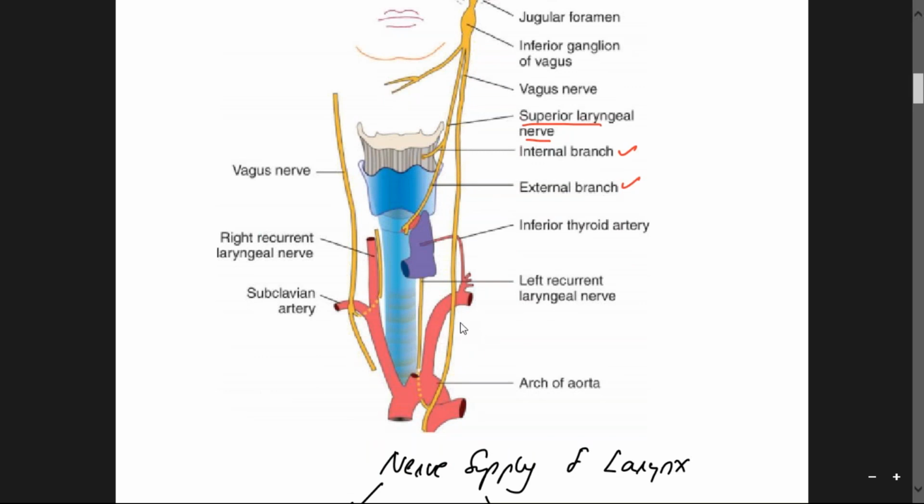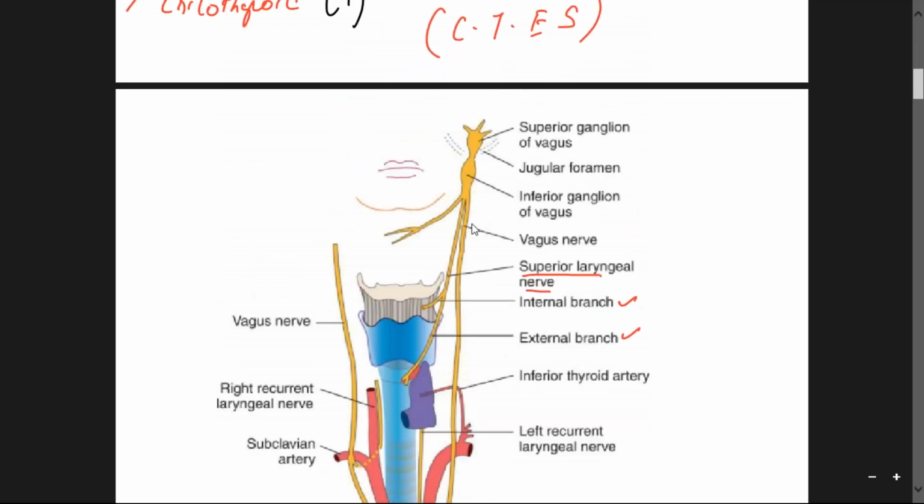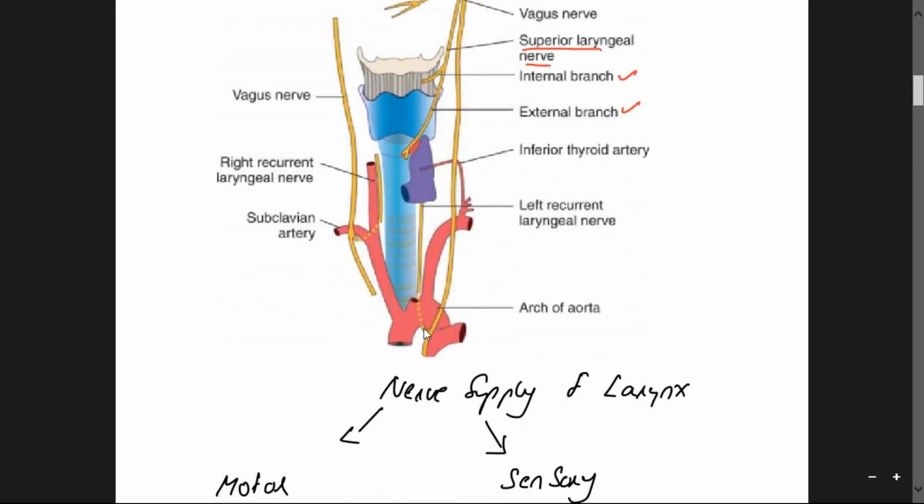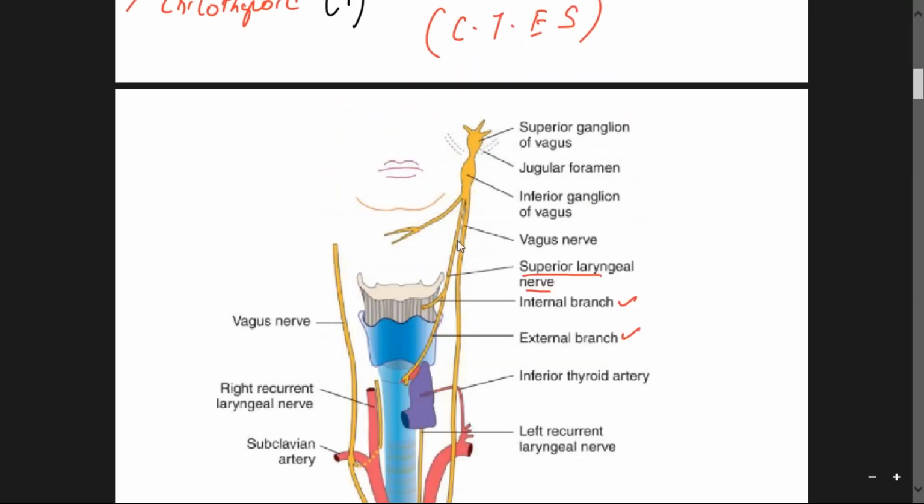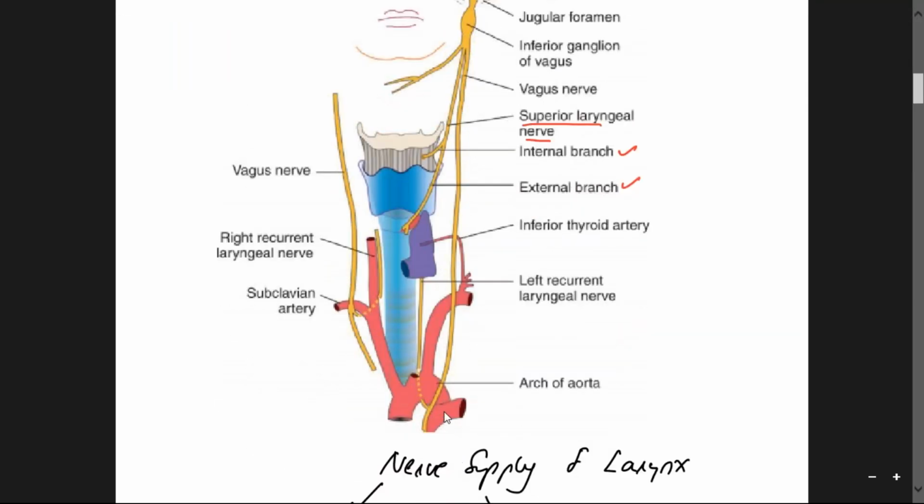Remember that whenever you are asked which side of the nerve is injured more, the left recurrent laryngeal nerve is injured more because of the longer course. Now you see the vagus nerve giving rise to the recurrent laryngeal nerve over here, whereas in the right side this is the vagus nerve branch, the recurrent laryngeal nerve.